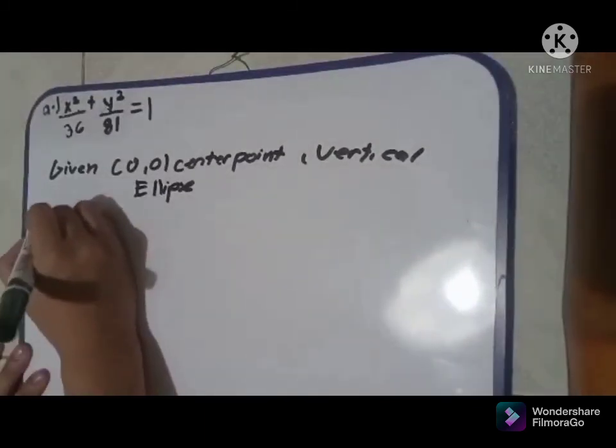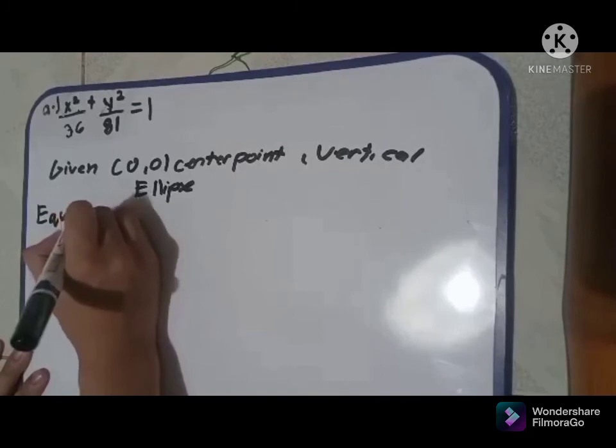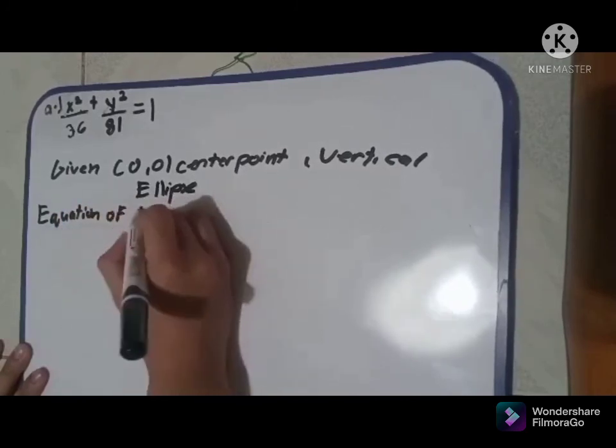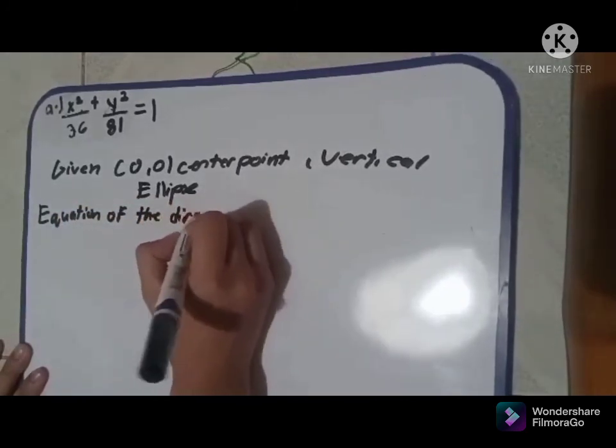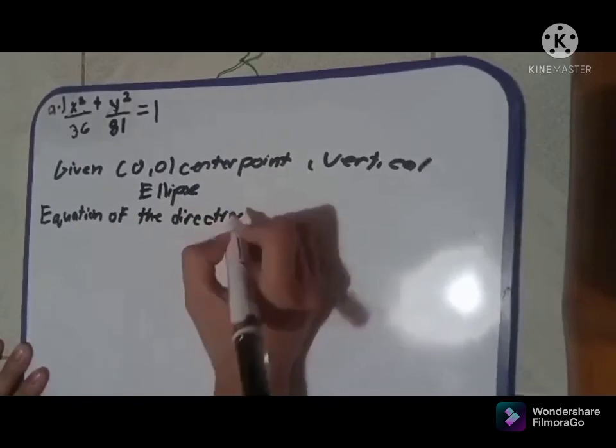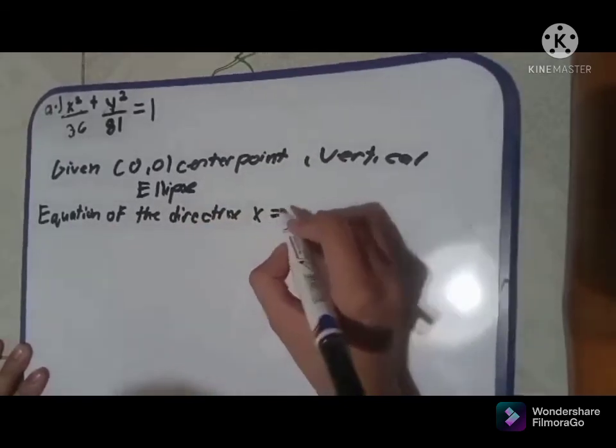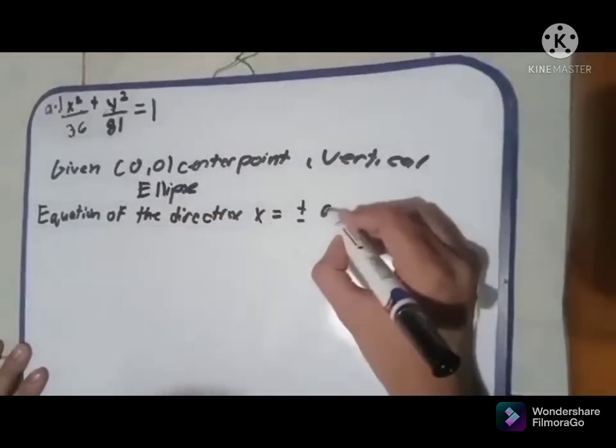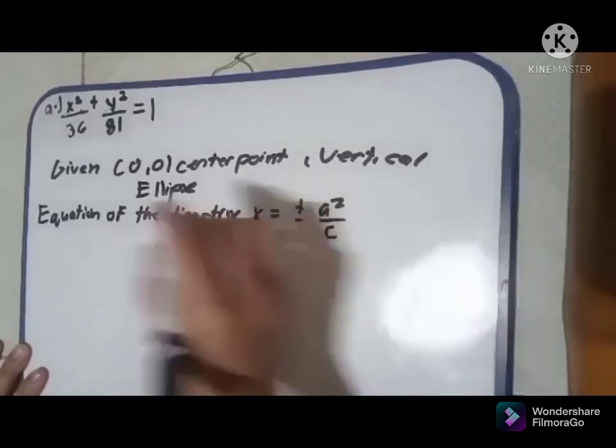So the equation of the directrix is x equals plus or minus a squared over c.